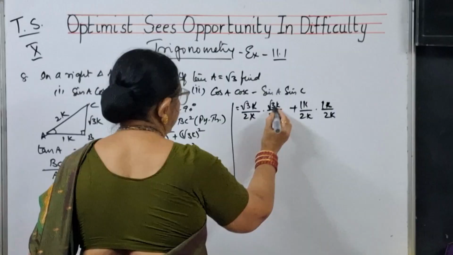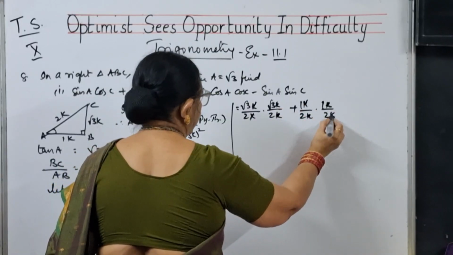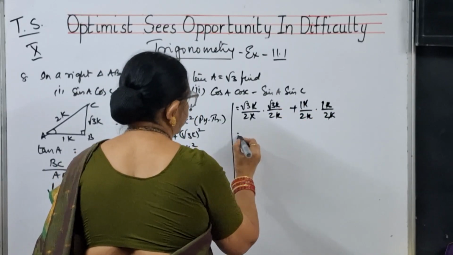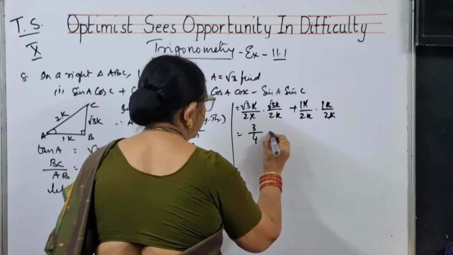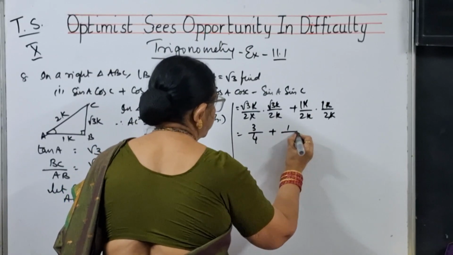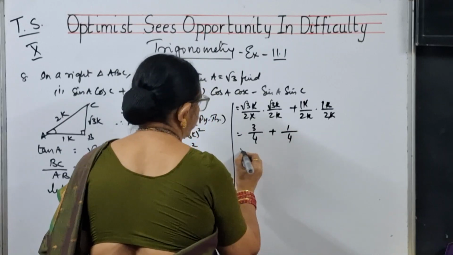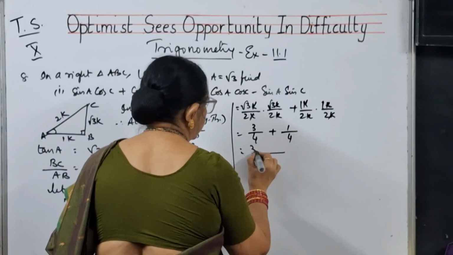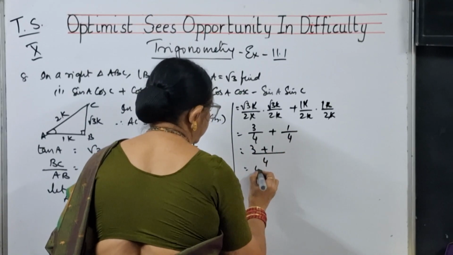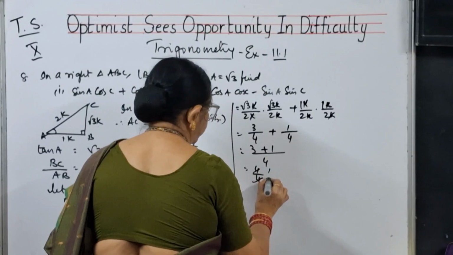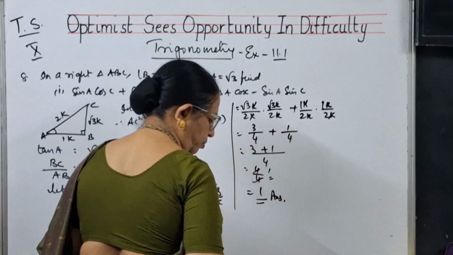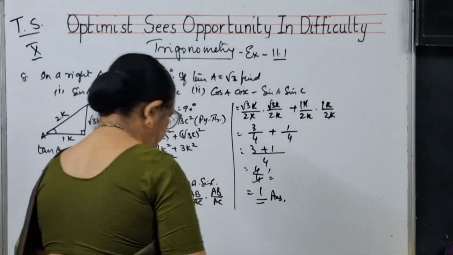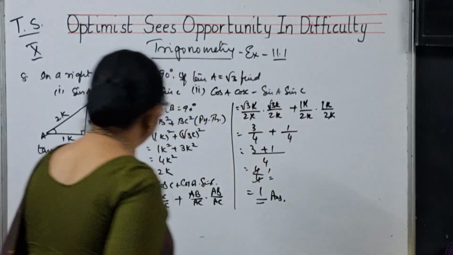When you cancel the k, root 3 into root 3 by 4 plus 1 by 4. So take LCM 4. 3 plus 1 is 4 by 4. This will be cancelled. So 1 is the answer for this bit, children. Please copy it. This is the first bit.